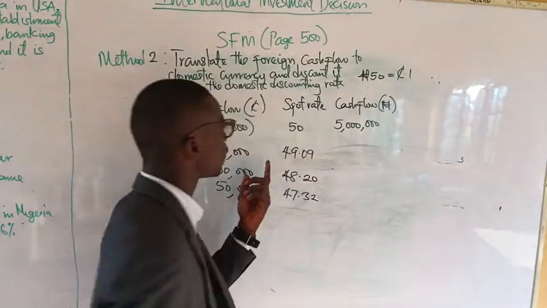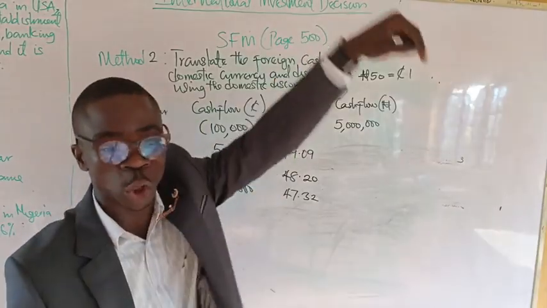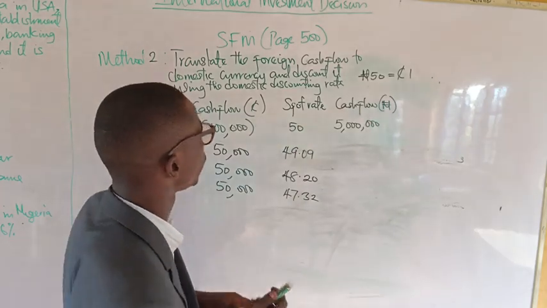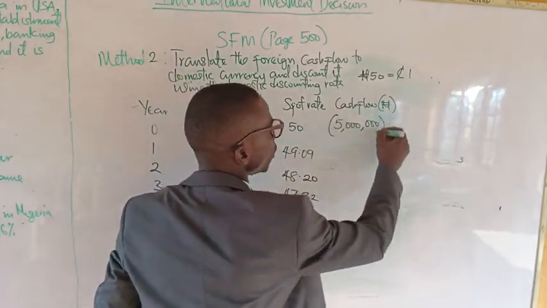Now, since we have calculated what the spot rate will be in the future, let's now translate it to cash flow in naira. Don't forget this one will be negative, right?